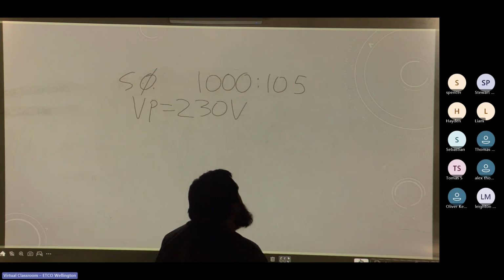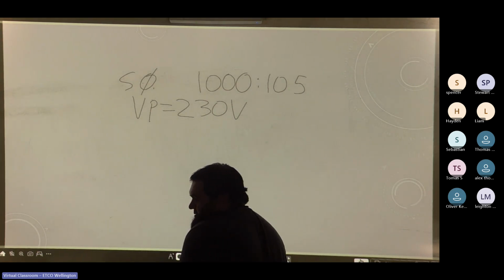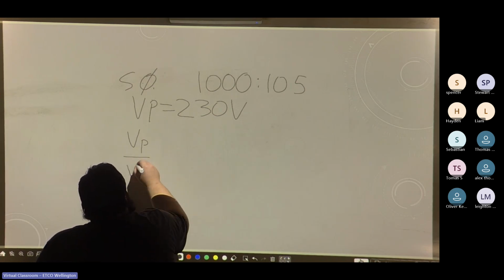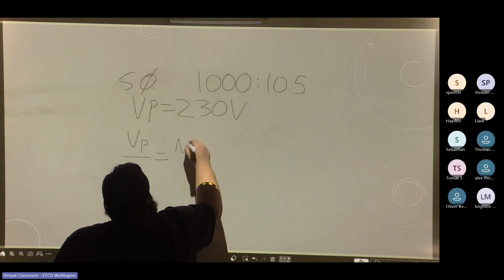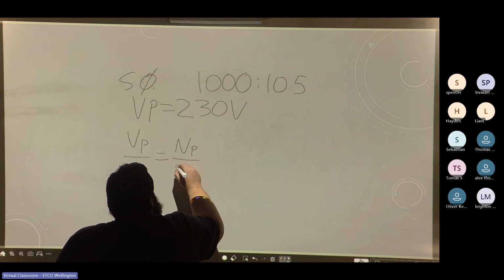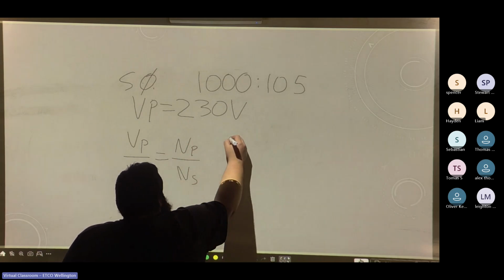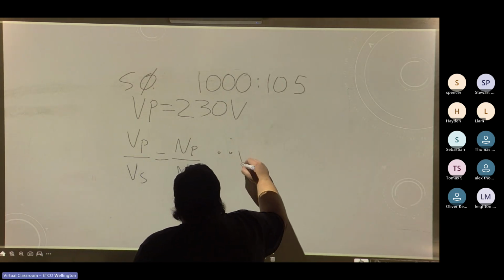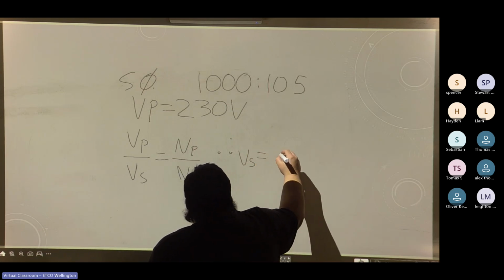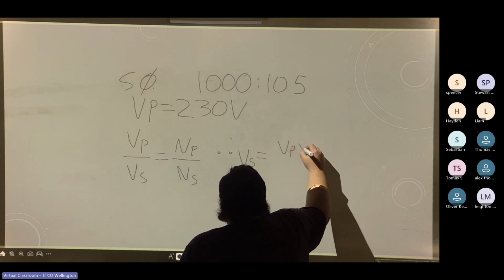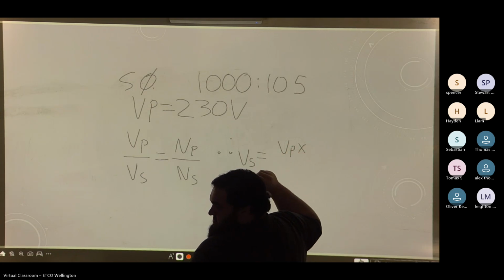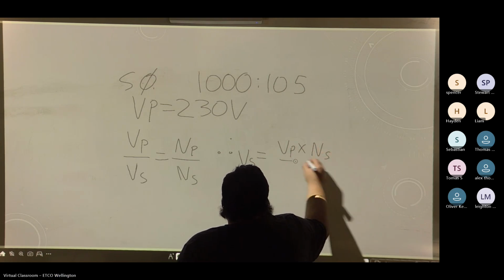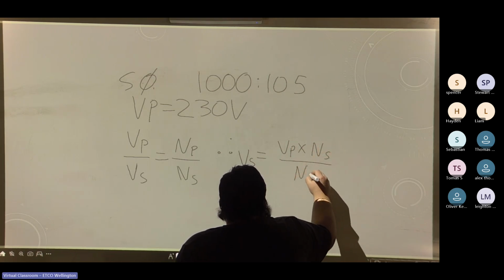So first thing we want to do is we know our formula is voltage primary over voltage secondary is equal to the number of primary turns over the number of secondary turns. So therefore, we can take it and say VS is equivalent to VP times NS over number primary.